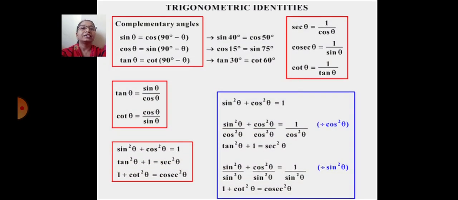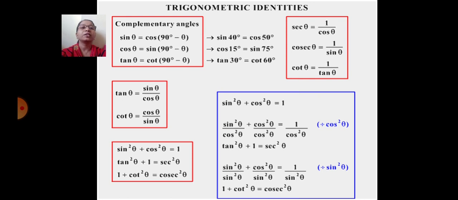Then after this, we have seen trigonometric identities. In that, see the right hand side, in this top box you see the complementary angles. So for complementary angles, sine theta is equal to cos 90 minus theta, cos theta is sine 90 minus theta, tan theta is cot 90 minus theta.